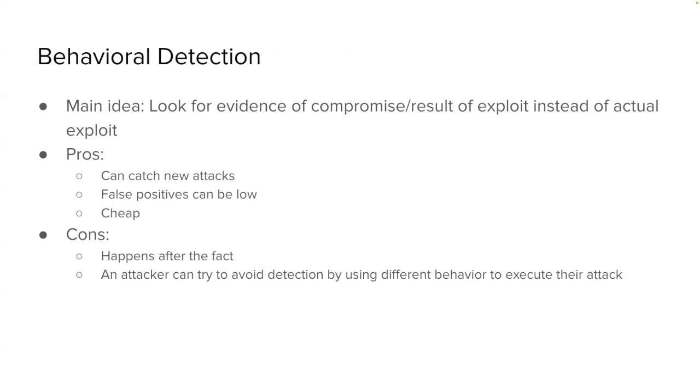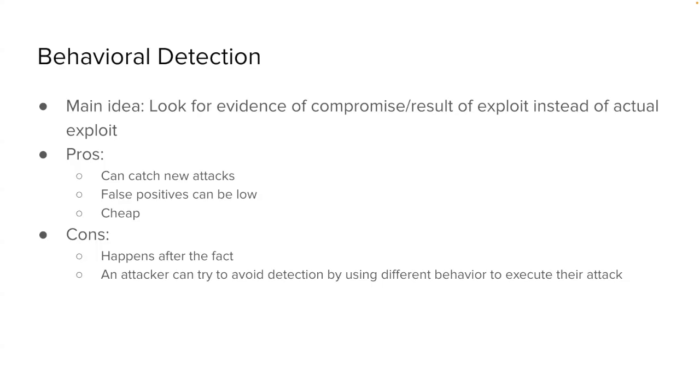So lastly, we have behavioral detection. The idea is that we look for evidence of compromise or the result of an exploit instead of the actual exploit. The good thing about this is it can catch new attacks, it can have quite low false positives, and it's pretty cheap. But the problem is it happens after the fact, because we are looking for evidence of a compromise result.